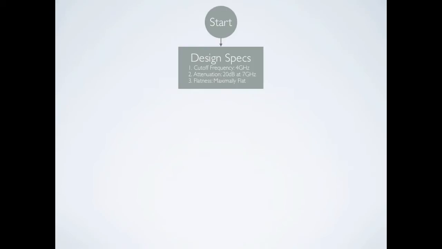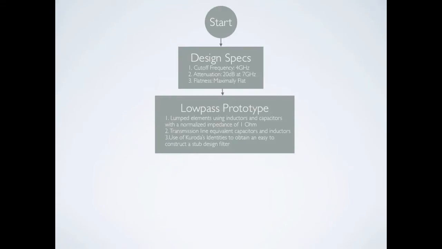Once the design specifications were clearly identified, we then proceeded to a low-pass prototype using lumped elements, using inductors and capacitors with 1 ohm normalized impedance. We then transform these lumped elements into equivalent transmission lines. With the use of Kuroda identities, we could easily obtain a way to construct a stub design filter.